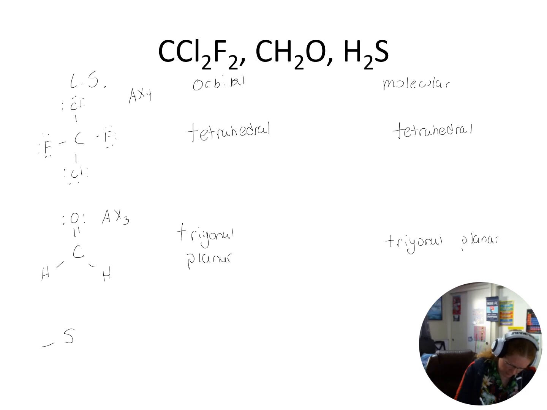Here we'll do this one. All right, now we've got some lone pairs. All right, so I have 2 bonding, 2 non-bonding. So how many total electron groups is that? Well, 2 plus 2 is 4, so it's 4 total electron groups, which is tetrahedral for our orbital geometry.